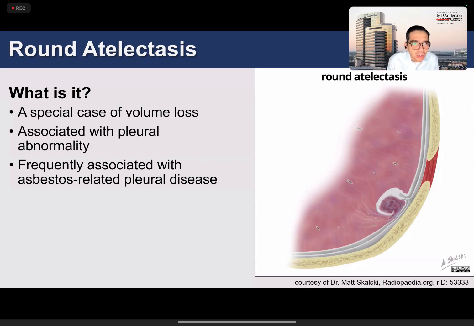The next is round atelectasis. So round atelectasis is a special category of atelectasis. And it happens because of some abnormality in the pleura that results in a swirling of the lung parenchyma. And it's frequently associated with asbestos-related pleural disease.